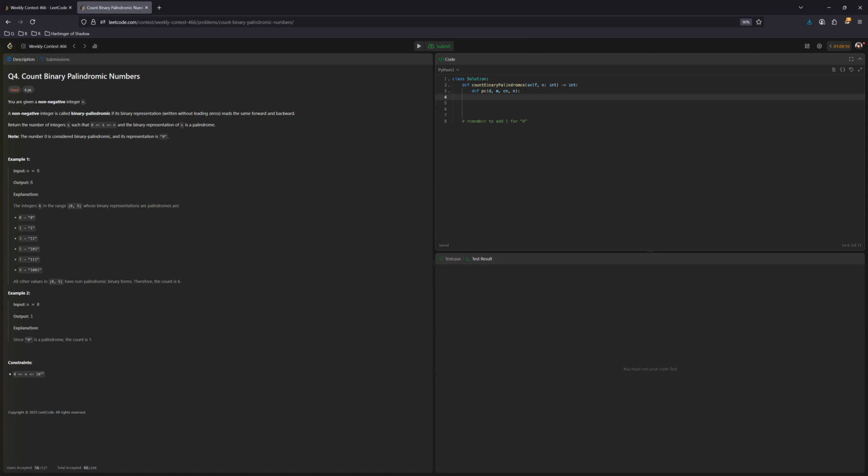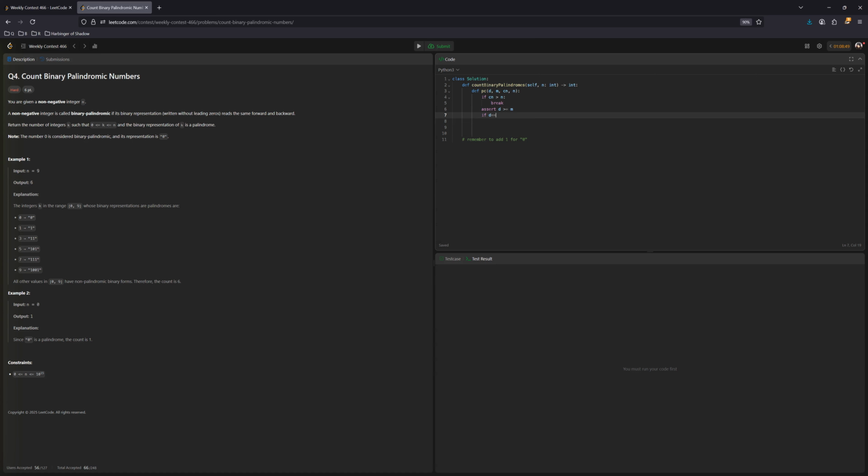Okay. If current number is greater than n, then break. Assert D is greater than or equal to mirror. All right. Okay.